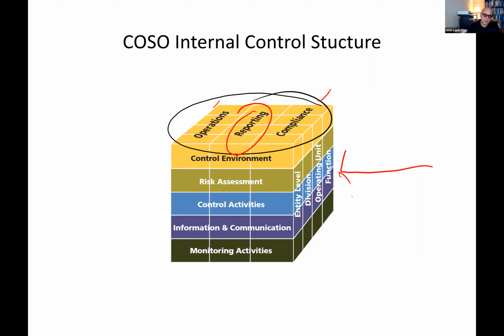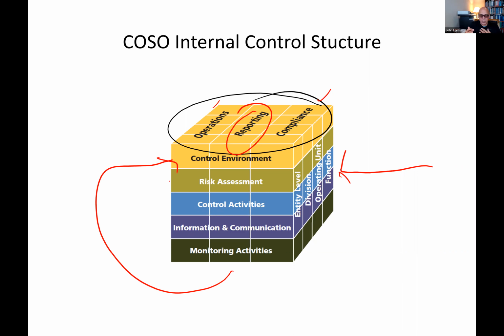Once I put those control activities into place, I then have to communicate that to my staff. So I have communication of what the staff's responsibilities are, and then I monitor. Often we'll have an internal audit department that will monitor to see that the controls are achieving the objectives. They will then report back to the board of directors, which is at the control environment level.